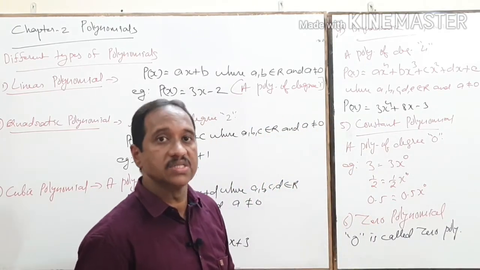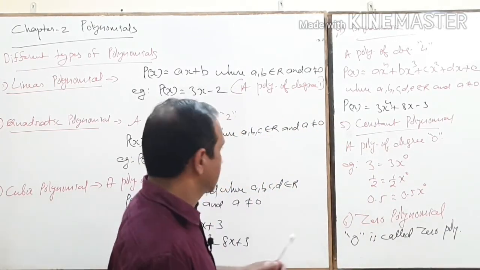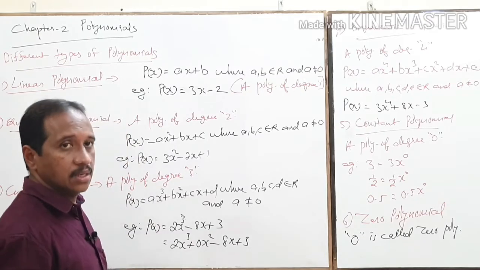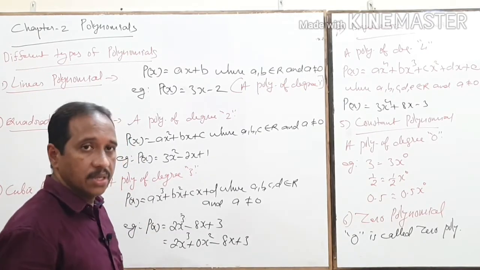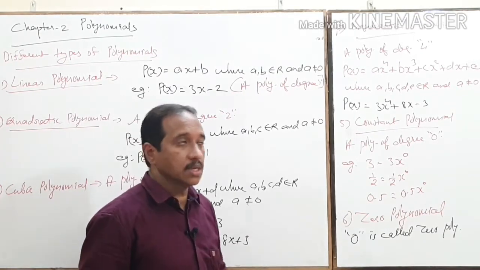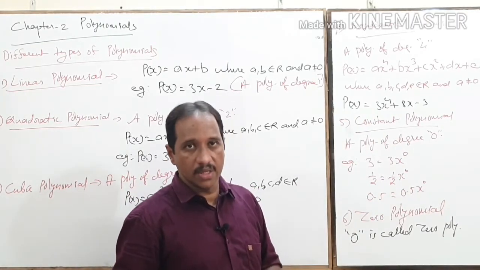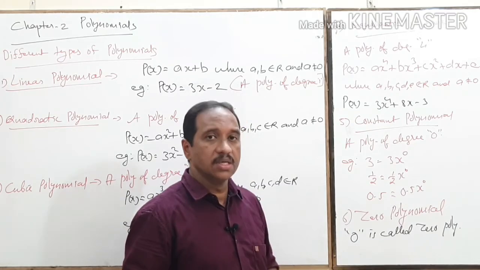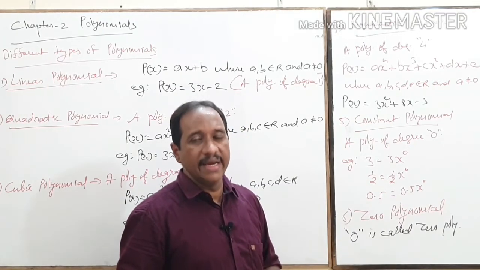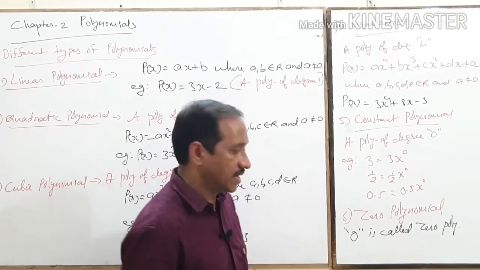Zero is called a zero polynomial. That is, 0 is not a linear polynomial, not a quadratic polynomial, not a cubic polynomial, not a biquadratic polynomial, not a constant polynomial. 0 is a zero polynomial. Its degree is not defined.